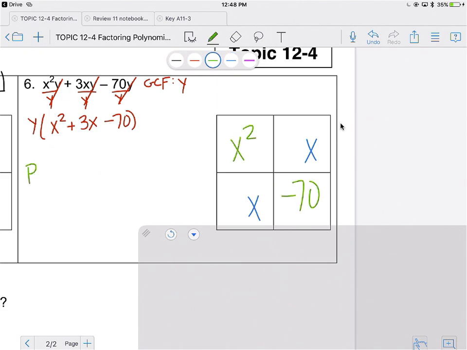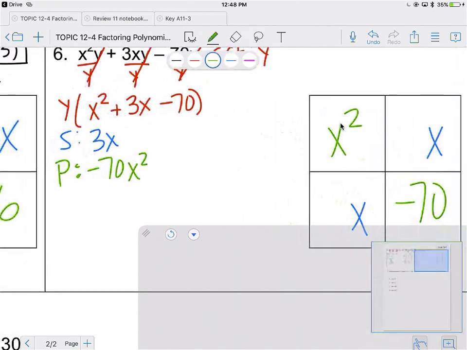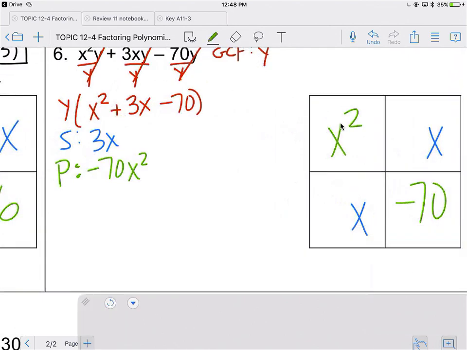I'm looking for something that will multiply to a negative 70x and add to a 3x. Factors of negative 70 are 1 and 70, 2 and 35, 5 and 14, 7 and 10. And again, a way you can get those factors is dividing in the calculator.